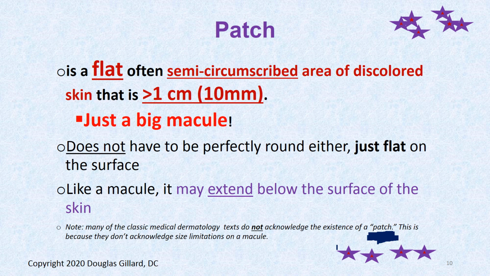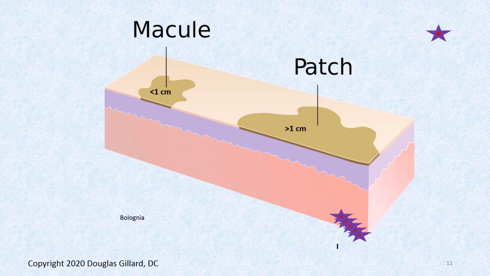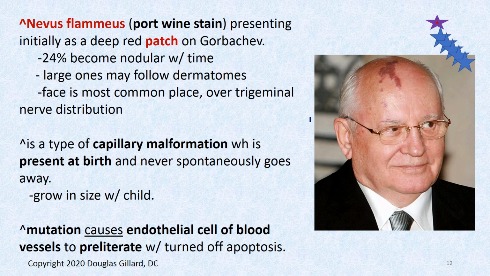And some authors just say a macule is any flat lesion. When we start talking about rashes, you'll see why in a second. So macule, less than 1 centimeter. Patch, greater than 1 centimeter. And the depth doesn't matter. It just matters that they're flat.